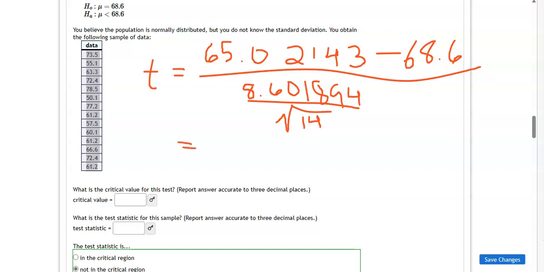So on the top, 65.02143 minus 68.6 is going to give me negative 3.57857, and I know my 8 looks like a 0 there.